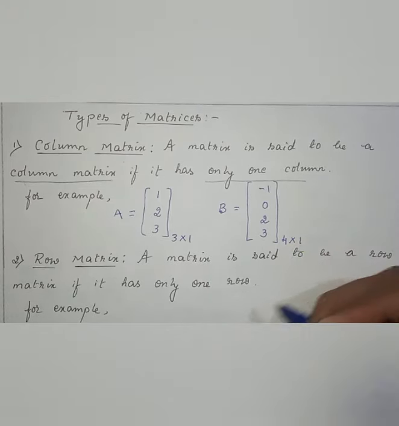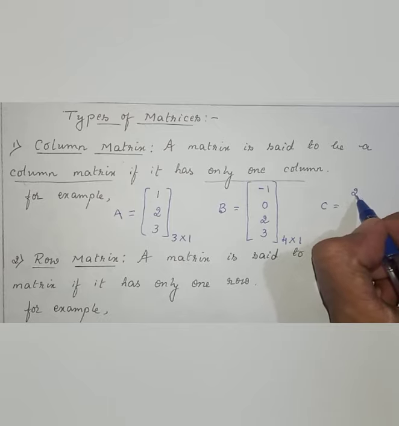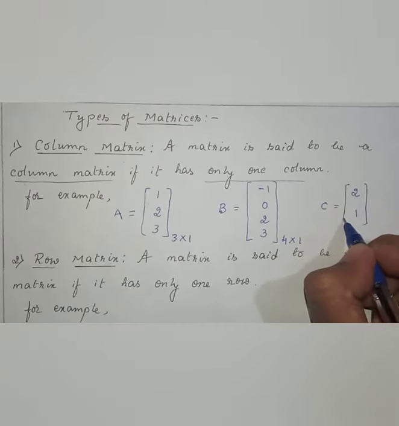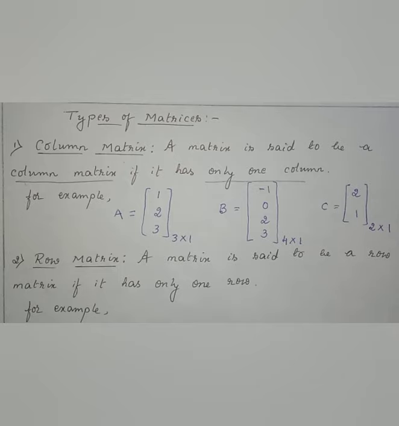One more, C is equal to 2, 1. The order of the matrix is 2 by 1. So the number of rows can be anything, but the number of columns should be equal to 1. Then only we say that the matrix is a column matrix.